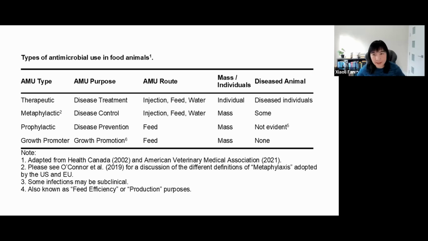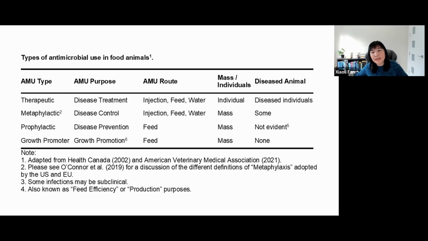So from here, we can tell that there's a lot, or not yet. I'm going to show you some data, but most of the antimicrobials used in animals are through the feed route. There's a little bit from the injection and water routes. And if you pay attention here, you can also tell that most of the antimicrobials are administered to a group of animals.